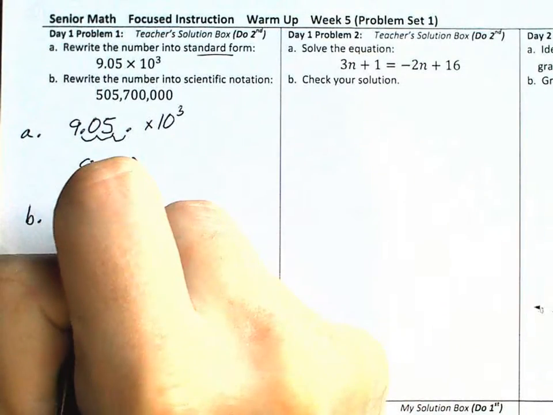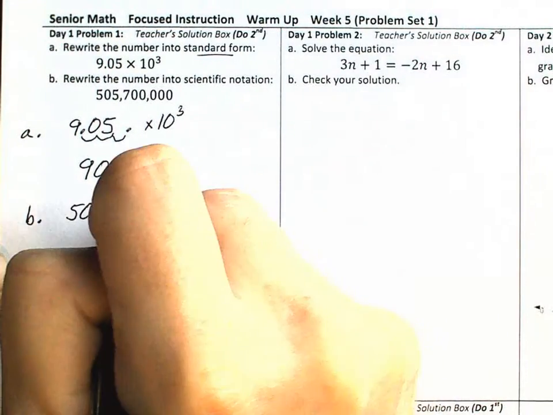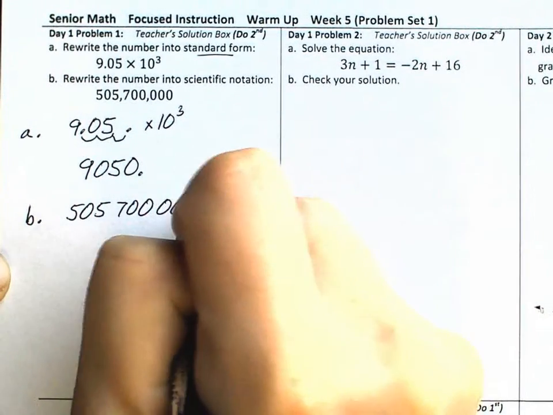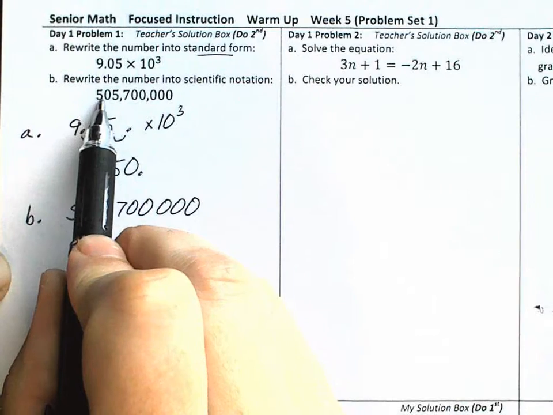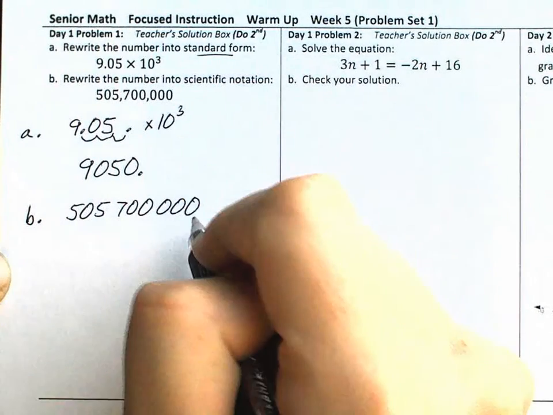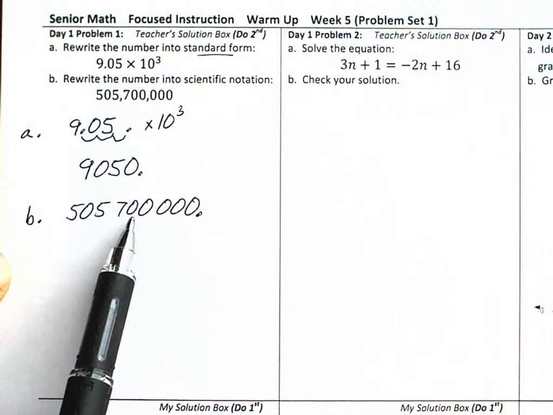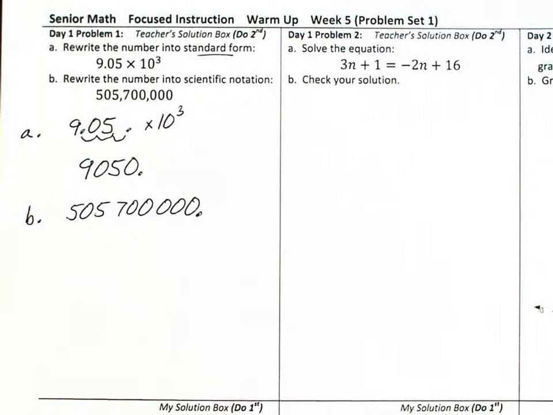Now question B. Let's copy the question down. 505,700,000. The decimal point is not shown anywhere, so it's automatically at the very end. So we have this number 505,700,000. It's a very large number, and so a scientist would want to write this number in a more compact way in scientific notation.